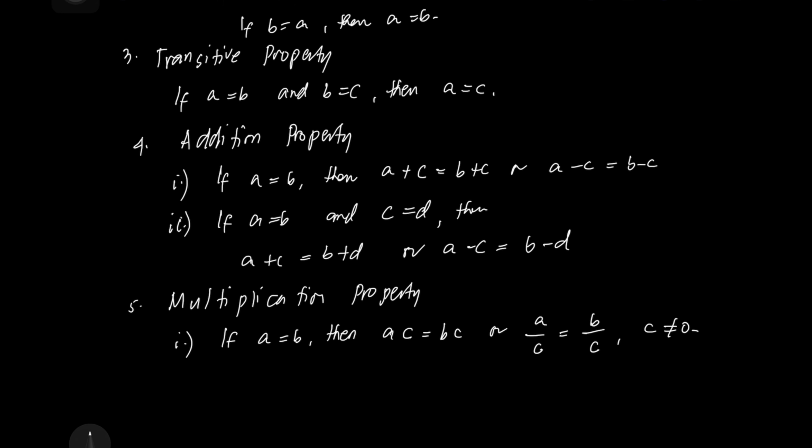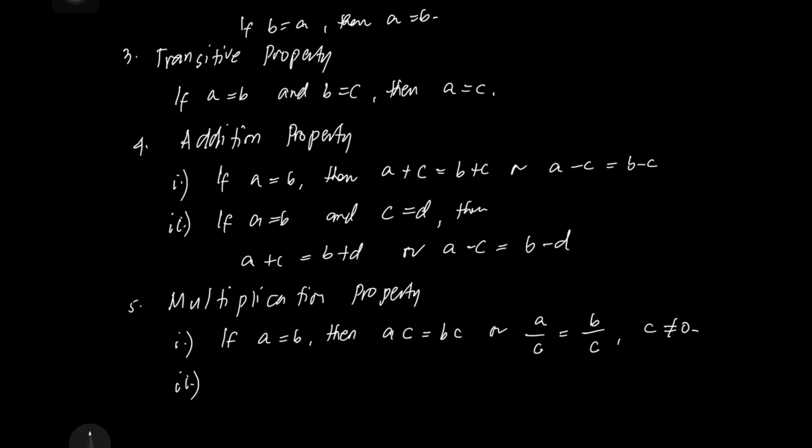It is very important to emphasize that C is not equal to 0, because if C is equal to 0, then that expression becomes undefined. Or if the numerator is also 0, that expression becomes indeterminate.